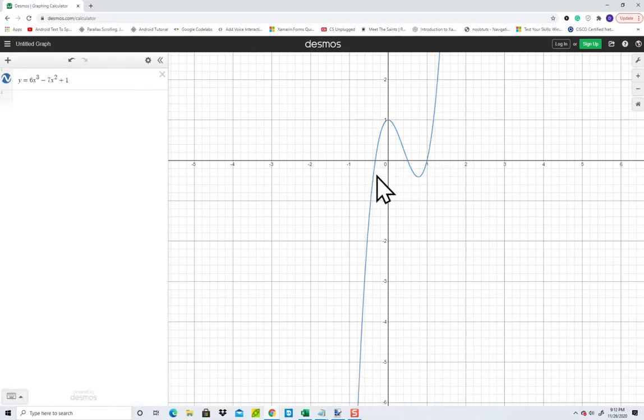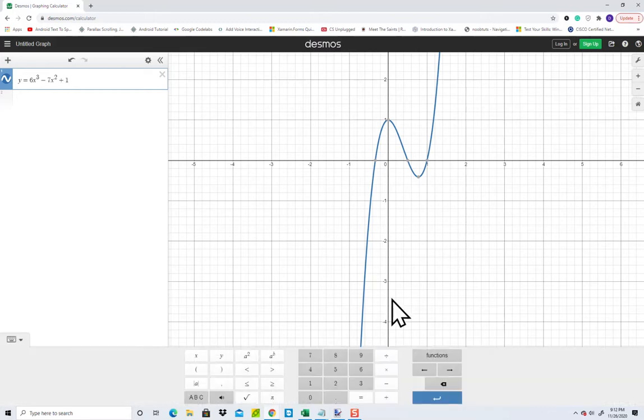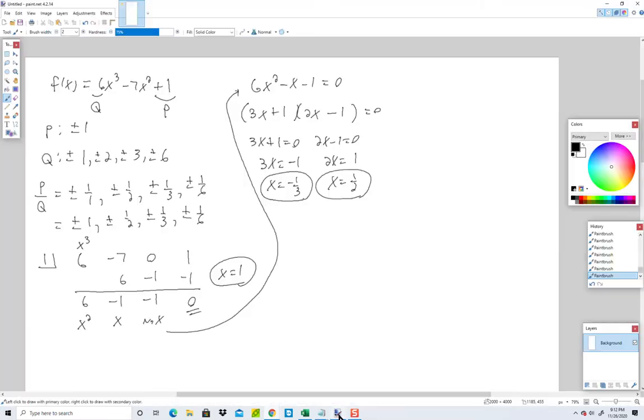If you don't see those, you have to click the graph. If I put my mouse over it, see how it says -0.333? That would indicate that maybe my answer is -1/3. This one would be 0.5, 1/2. And this one, I can hardly see it around my big cursor, but it's 1.